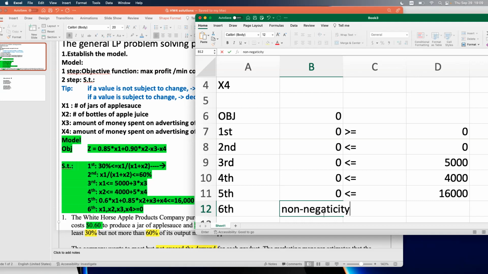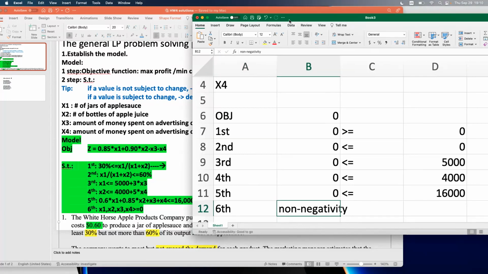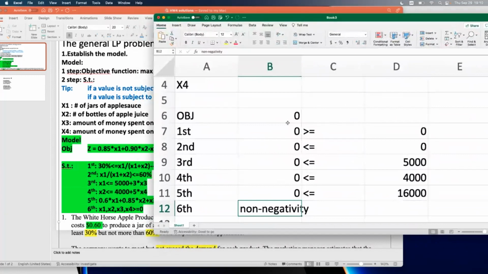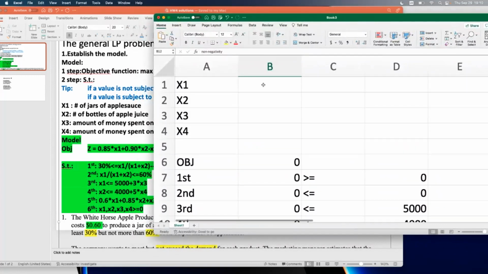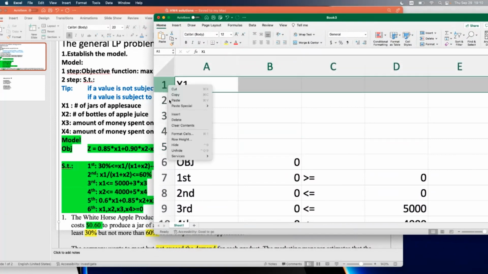So we're gonna put that information in the solver. So double check. We got our different variables.